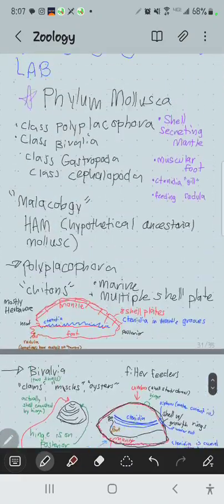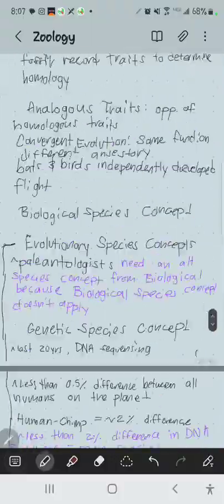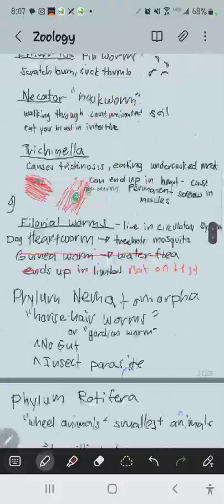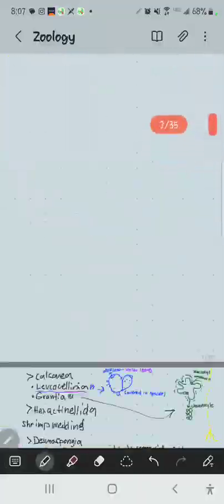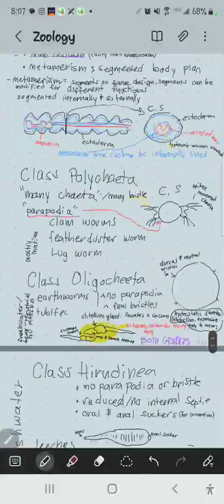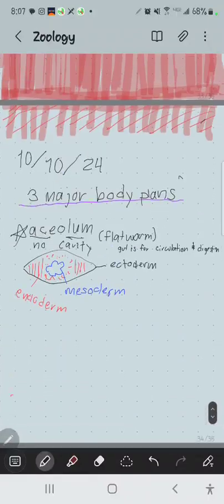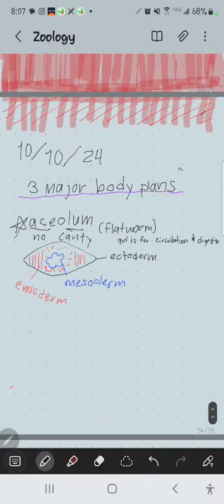Okay. So this is going to be called the pseudocoelome. And we know that coelome means cavity. Pseudo means false. And coelome means cavity. I mean, it is a true cavity, but it's not a fully lined cavity, is the idea. So we have our tissue layers.